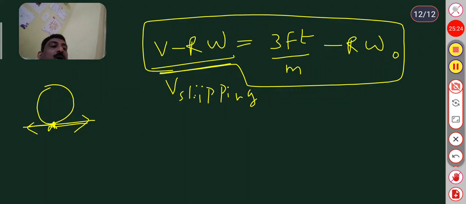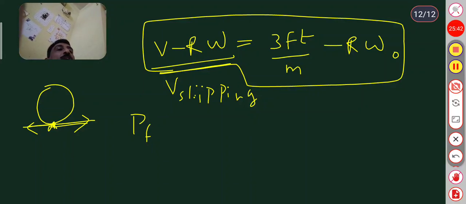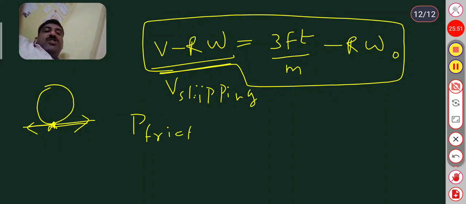Now we can calculate the formula for power dissipated by friction. How will you calculate the power dissipated by friction? Power, as you know, is the rate of doing work.